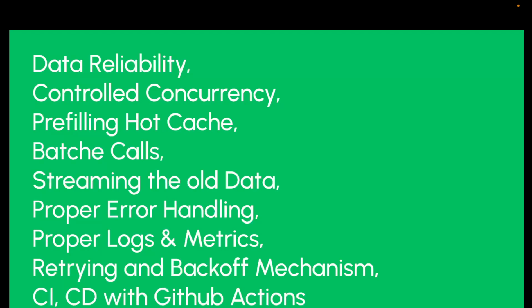Proper error handling is a must, because there are network errors and other errors, so you need proper error handling, proper logs, proper metrics, and obviously retrying and a backup mechanism, because as we migrate millions of data, there's a very real possibility of network issues or other issues. So we need to retry the API requests, and we need a backup mechanism.